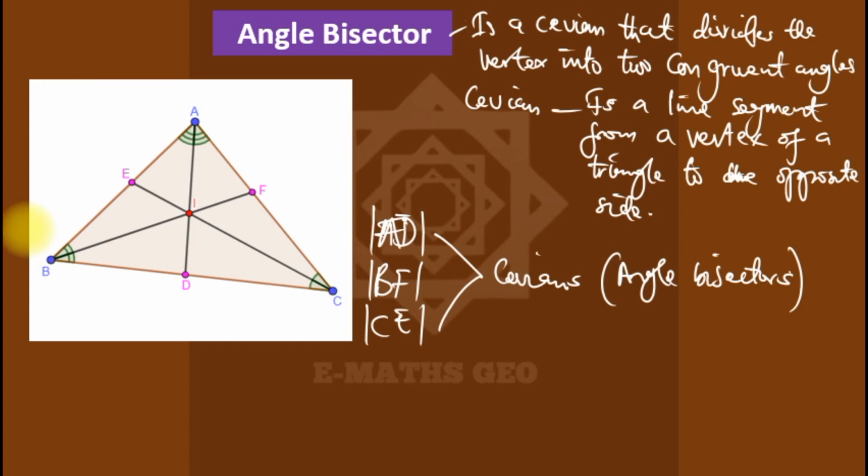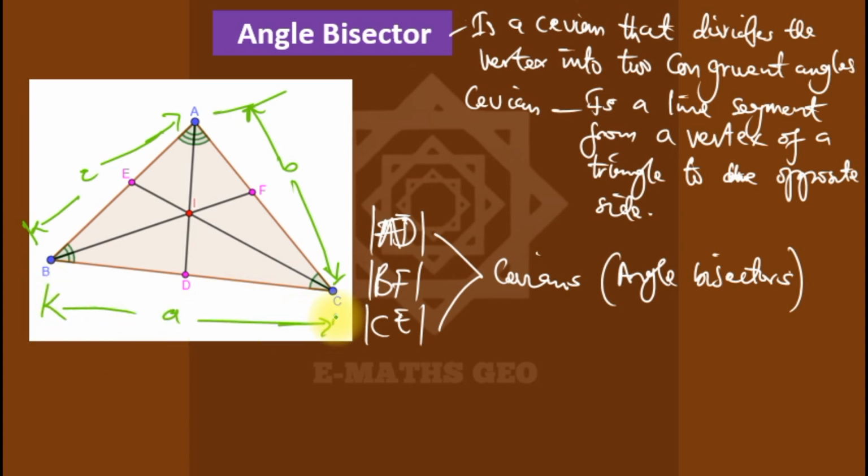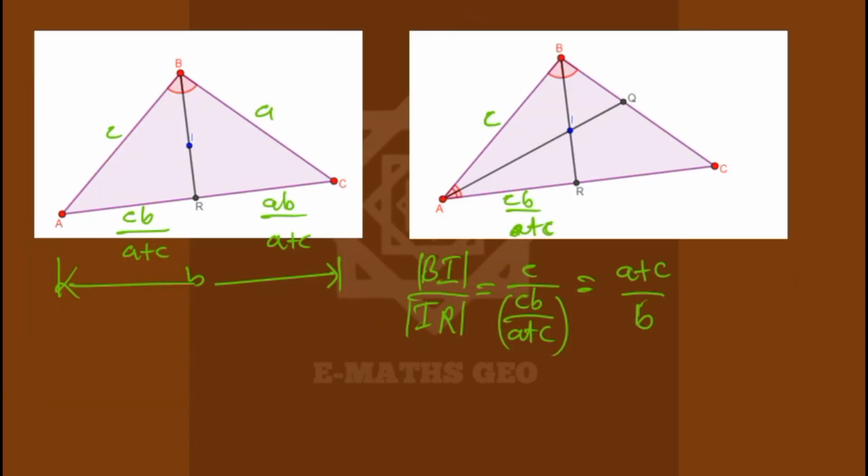As you can see, here is small letter C, this one is small letter B, while this one is small letter A. So we prove that as long as these are angle bisectors, AI over ID for the first one is now C plus B over A, as you can see.